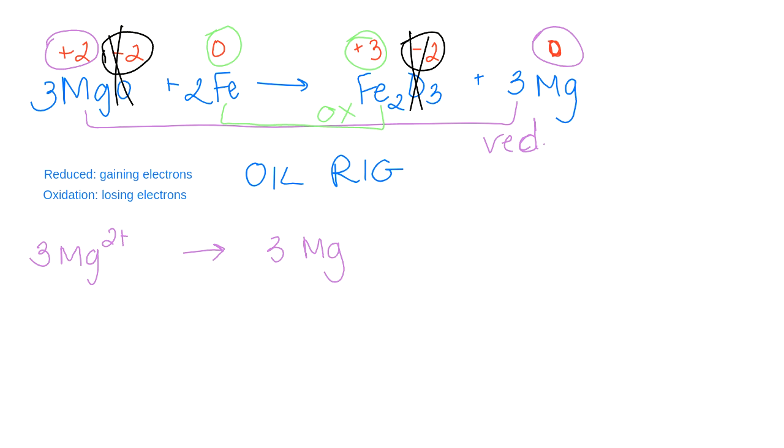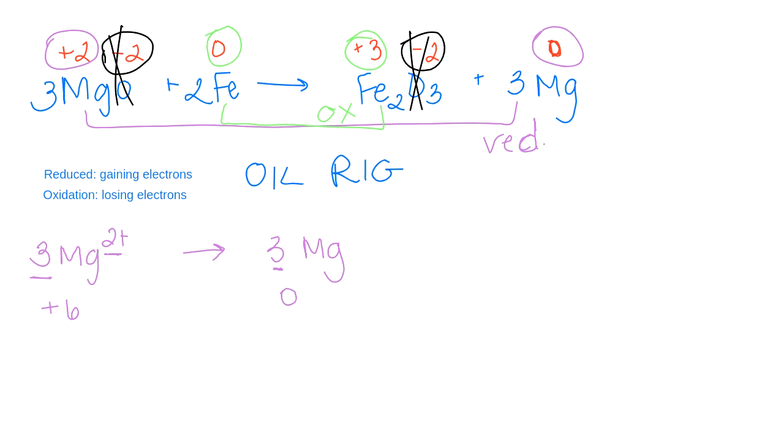So if we have 3 of a +2, that means we have an overall +6 charge on the left side of our equation. If we go to the right side of our equation, we have 3 magnesiums that don't have any charge. So overall, this is neutral or it has a 0 charge.